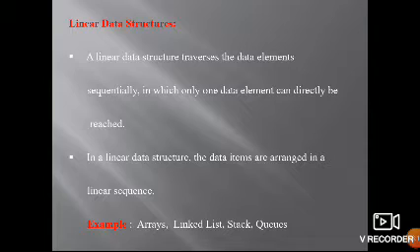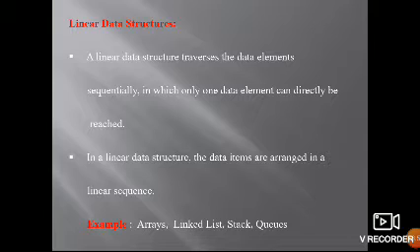A linear data structure traverses, that is, at least once you have to visit all the data elements in the given list sequentially, in which only one data element can directly be reached.